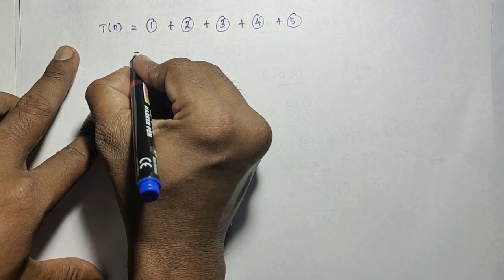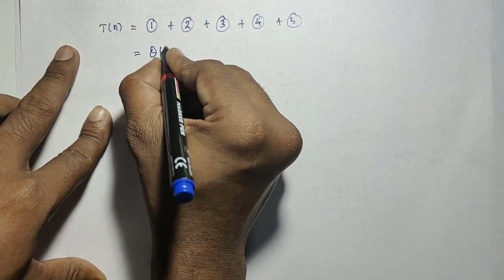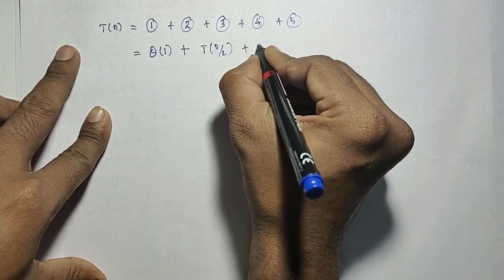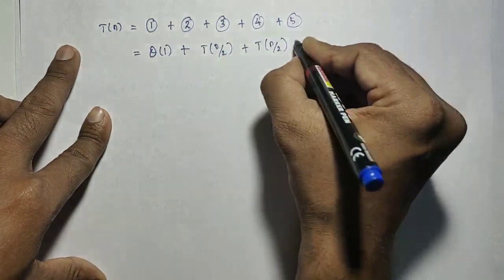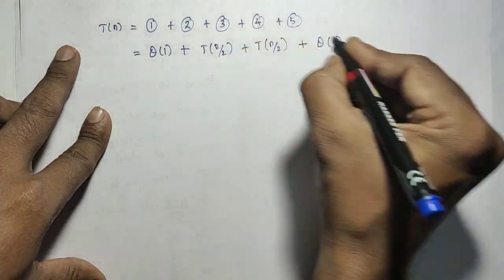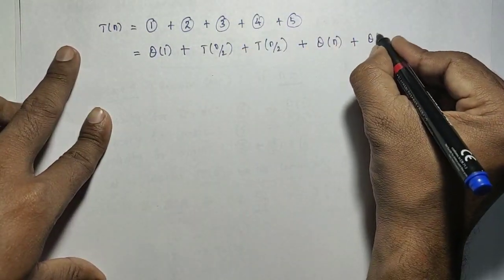So you can write theta of 1 plus T of n by 2 plus T of n by 2 plus theta of n, this is step 4, and the fifth one is theta of 1.